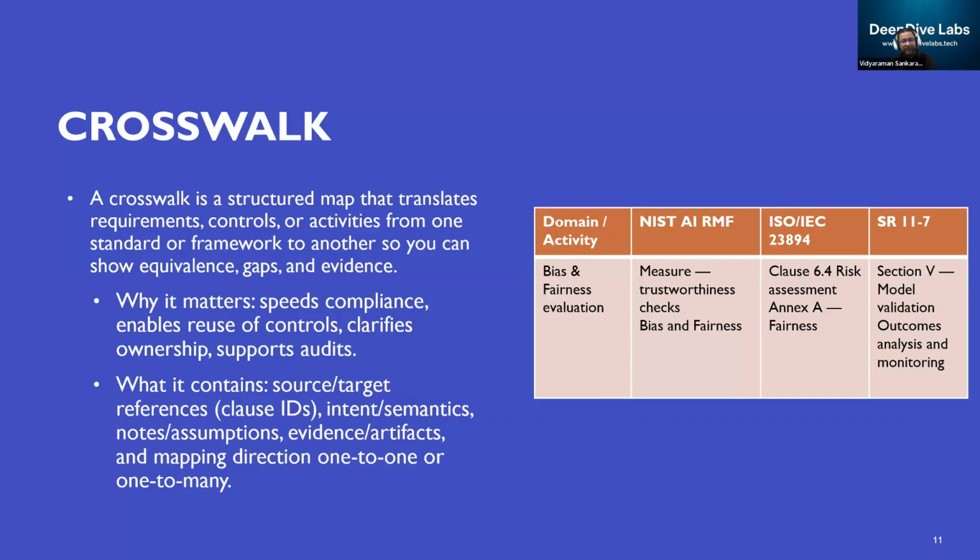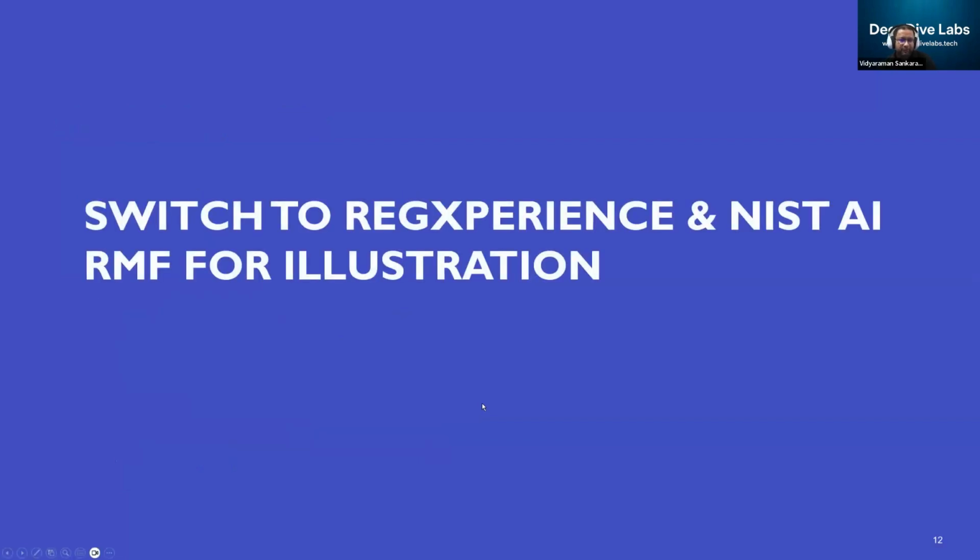More specifically, it enables reuse of the particular evidence or proof that you have adhered to a control. It has all these specifics in terms of the intent semantics, and more specifically, the mapping from one particular requirement in framework 1 to another requirement in framework 2. And the mapping can either be one-to-one or it can be one-to-many. So this is a crosswalk.